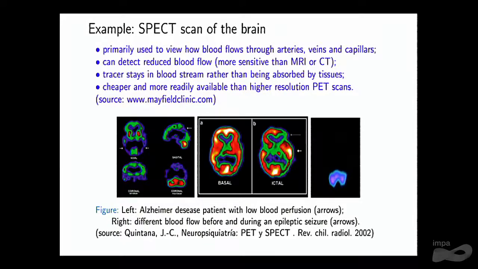So there are some regions where you have less blood. It's the case also in epilepsy. You have, for instance, before an attack and during an attack, a difference in perfusion of blood. So you can identify the regions of the brain that are involved in this damage or this activity. And you can also have view planes, etc. So it's a very useful technique in medicine.